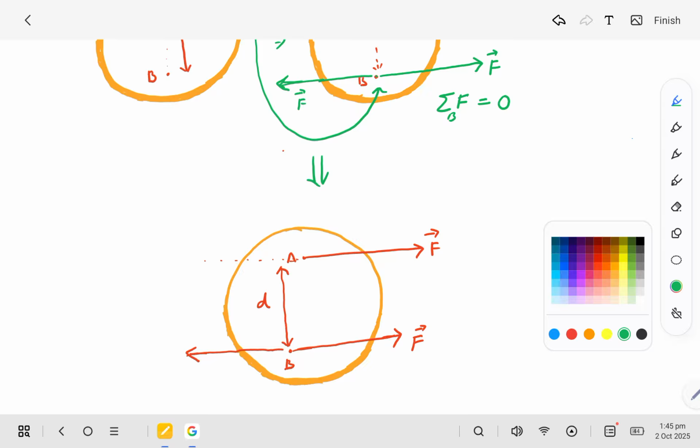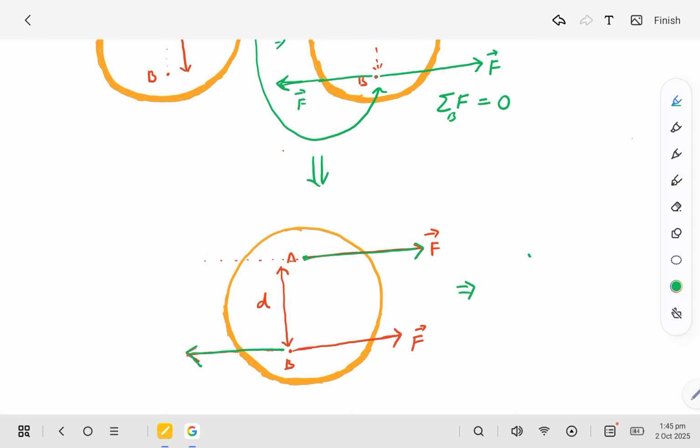If we look at this figure carefully, we will observe that this force which is acting at A and this force which is acting at B will form a couple.